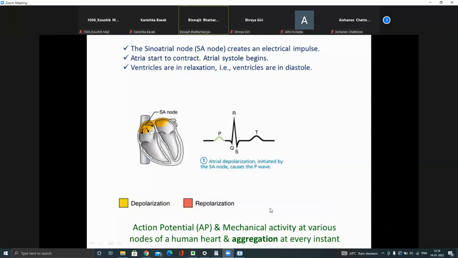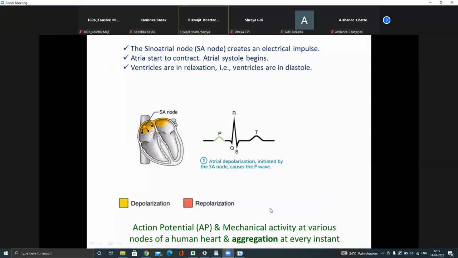Now in the very beginning, we see that there is a sinoatrial node, SA node. SA node creates the electrical impulse. The atria start to contract, means our atrial systole begins.